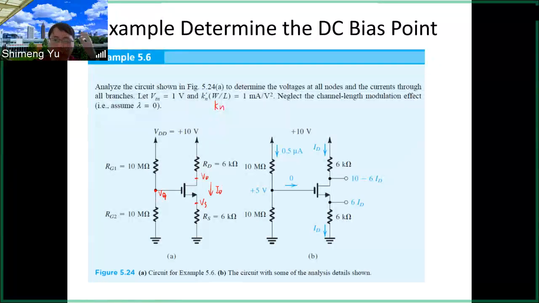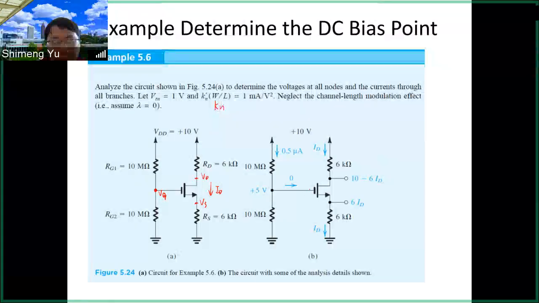So how do we approach this one? All the resistances are given, and the VDD power supply is 10 volts. Of course, we look at the left branch first. This one is easy, right? You only have 2 resistors, and there's no current flowing into the gate of the transistor because it's a cap, like an open circuit.